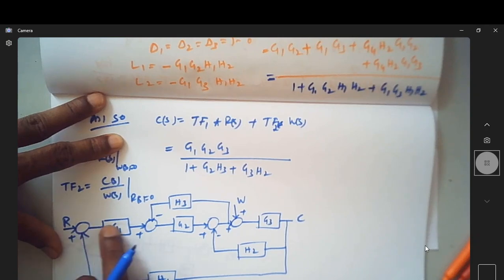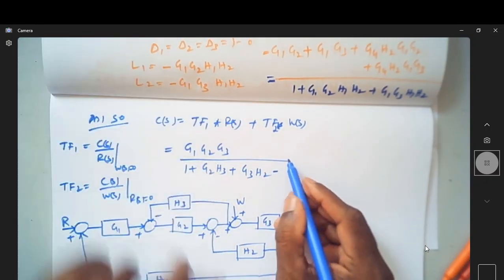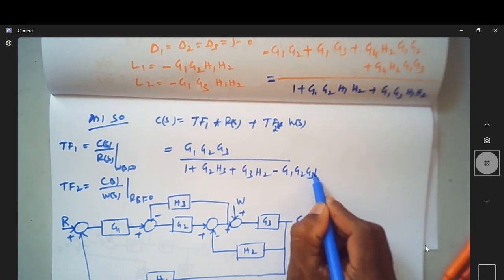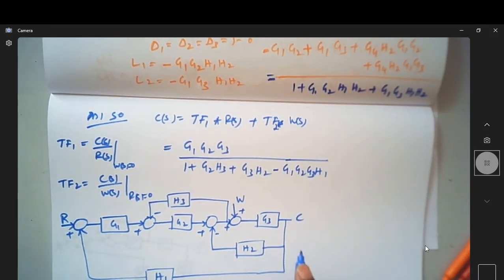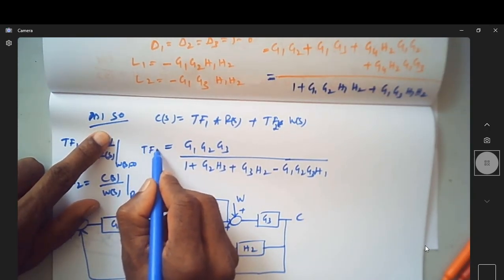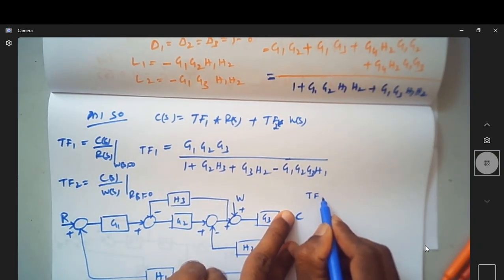Can we see there is one more loop like this? Since it is plus, it's a positive feedback. It is actually minus G1, G2, G3, H1. So this is my transfer function. This is actually TF1.